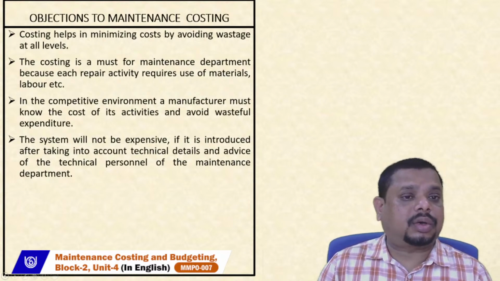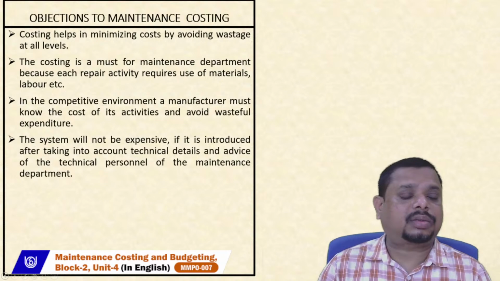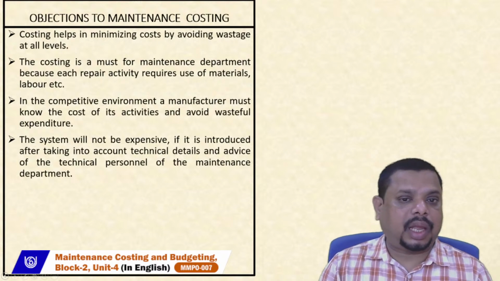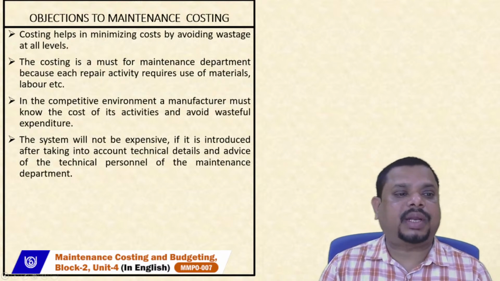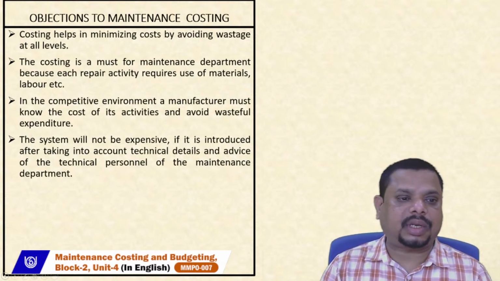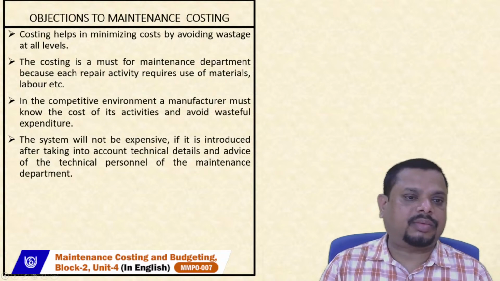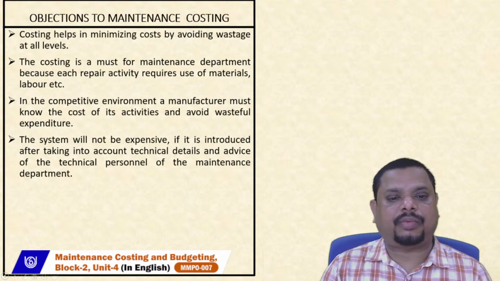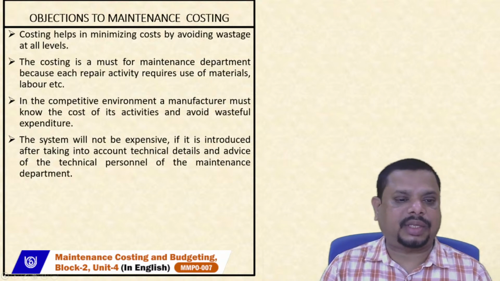These are the objectives of maintenance costing. The first one is that costing can help minimize the cost to avoid waste at all levels. Especially with reference to the maintenance department, it provides repair activities which use a large amount of materials, spare parts, and labor. To get a higher competitive advantage, you have to focus on manufacturing and the cost of your activities to avoid wasteful expenditures.